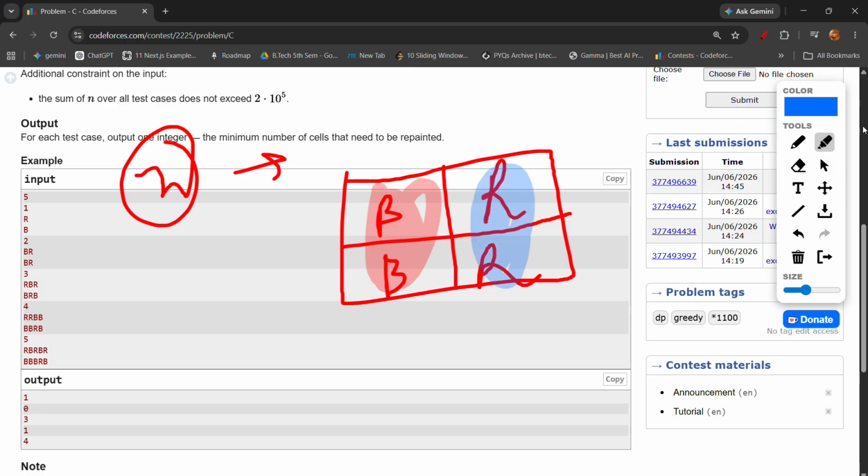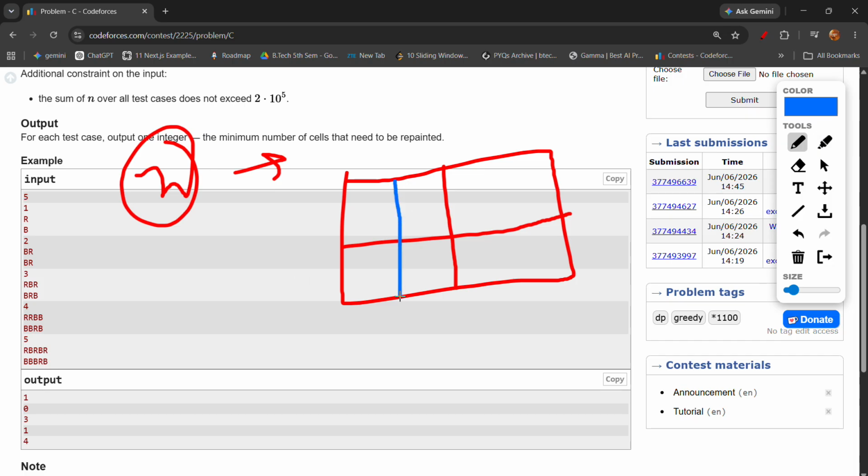So I need two such pairs and I got two such pairs, so I don't need to repaint anything and the answer is 0. That's it, guys.